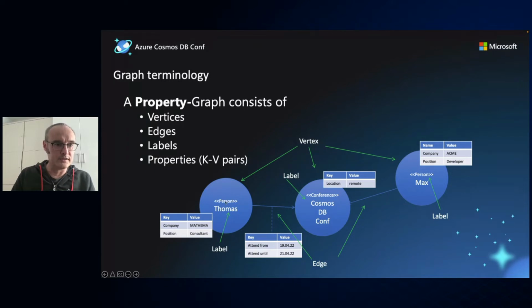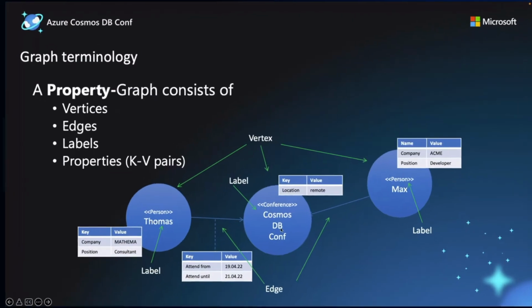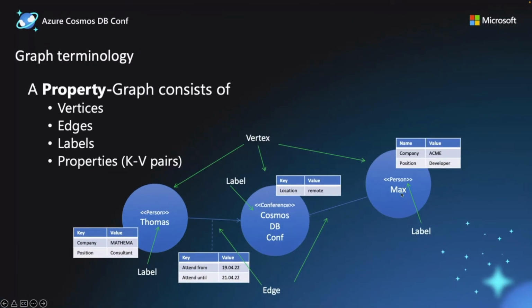So Thomas is a vertex, the Cosmos DB Conf is a vertex, and Max is as well a vertex. Vertex can have labels like person, conference, person. So this is a kind of a type declaration. And those vertices are connected using edges, as shown here. Edges can have direction, but don't have to have.